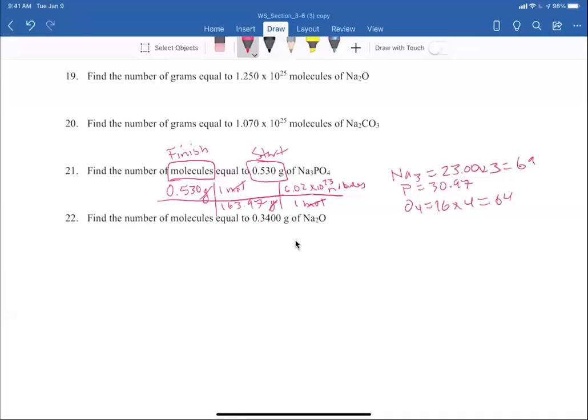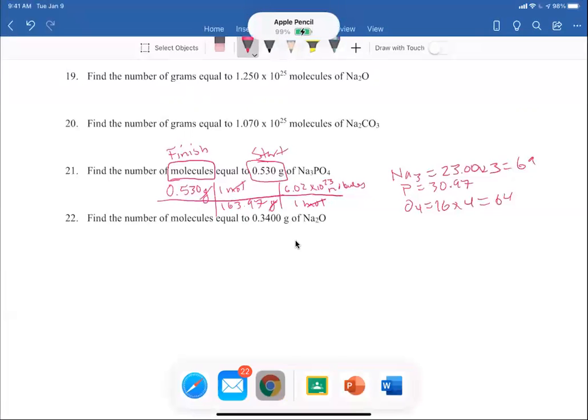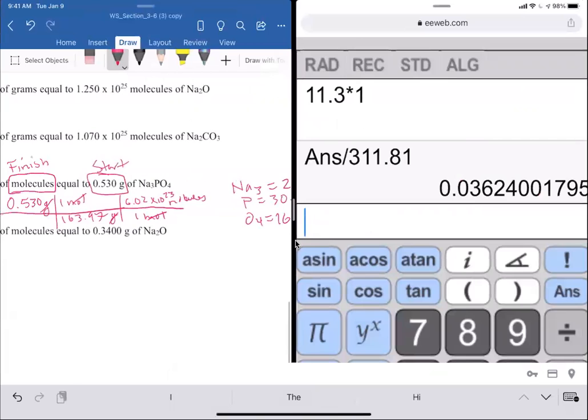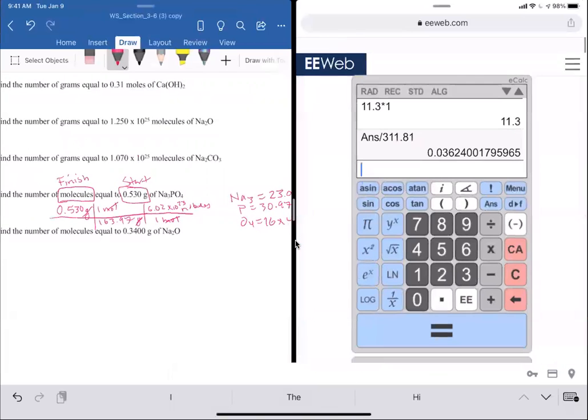So when we do this, let's get our calculator. It's always multiply by the top, divide by the bottom. So we would do 0.530 times 1 divided by 163.97.